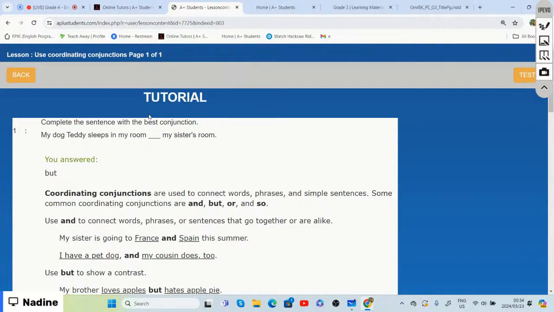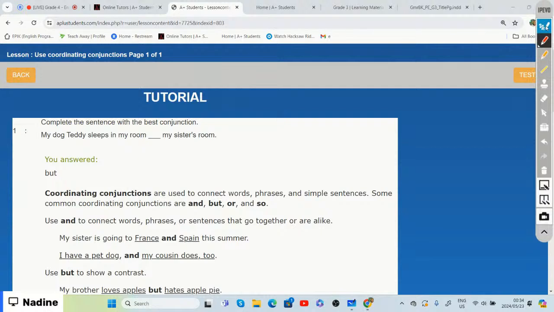Remember, we're either going to use and, but, or so to add within that sentence, to complete the sentence.